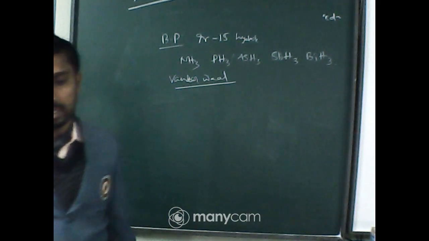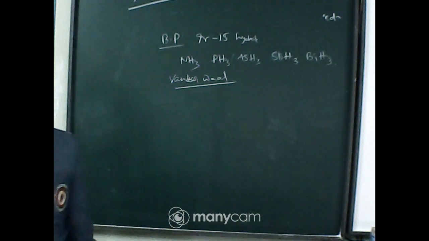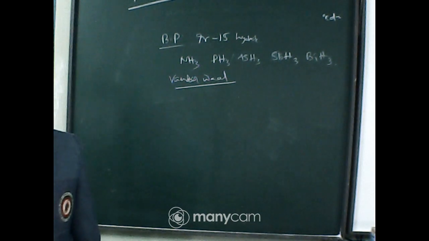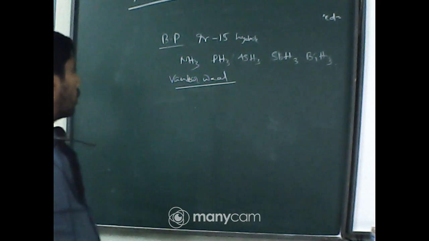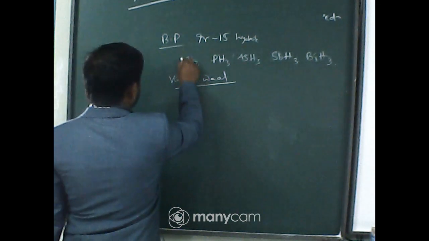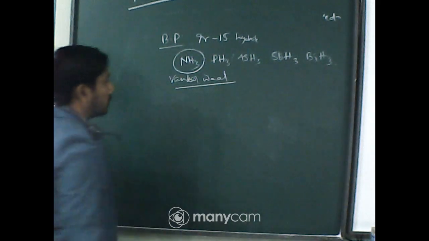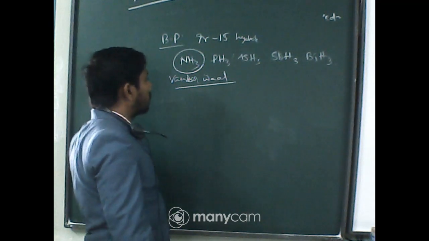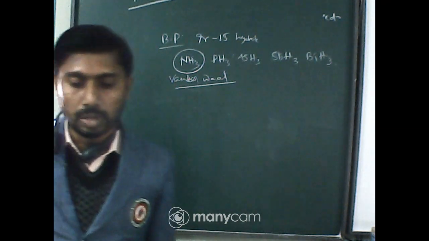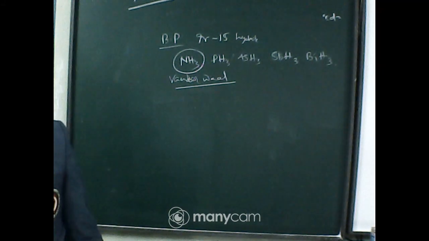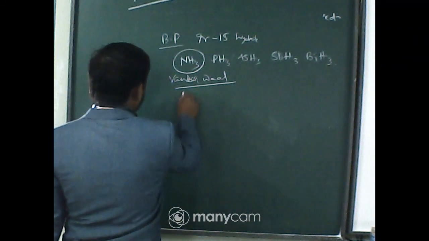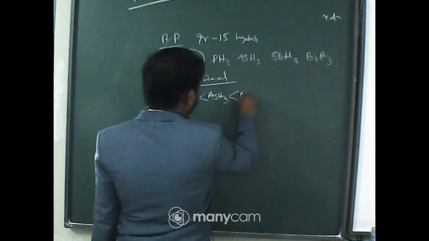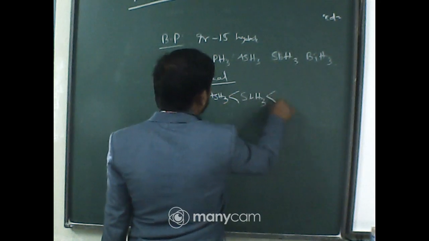With respect to this, it increases with size, but in the case of NH3, due to the presence of hydrogen bonding, an abnormality is seen, but the rest of the compounds, PH3, AsH3 and SbH3, will follow the trend. So what would be the trend? At first it is PH3, then AsH3, then SbH3, then NH3.